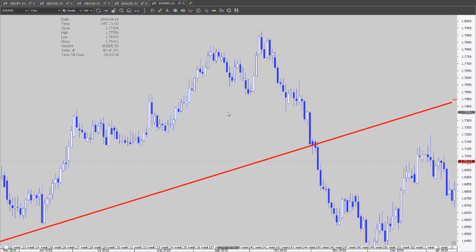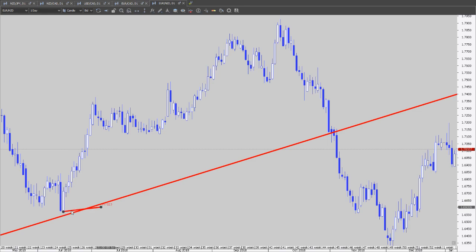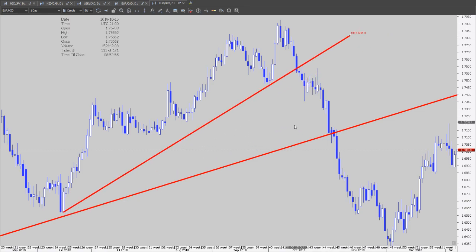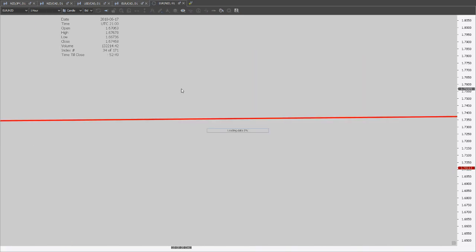Euro New Zealand daily chart, and this would be another aggressive uptrend line. And let's go to the 1 hour chart. One hour chart, let's wait.